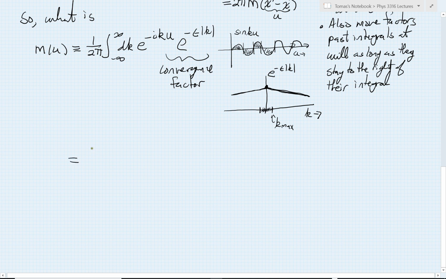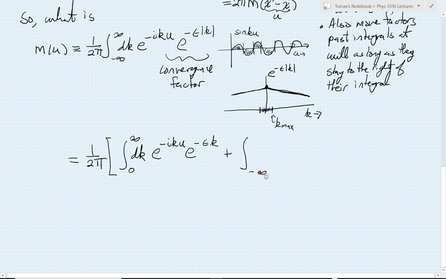So this will equal 1 over 2 pi times, the way to do such an integral is to break it up into 2 pieces. Because I've got that absolute value in there, I will integrate over the positive values of k, e to the minus i k u, and then I have e to the minus, now if k is positive, absolute value of k just equals k, so this is e to the minus epsilon k. And then I have a second piece, where k will vary from minus infinity up to 0.